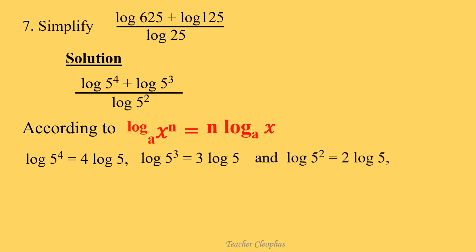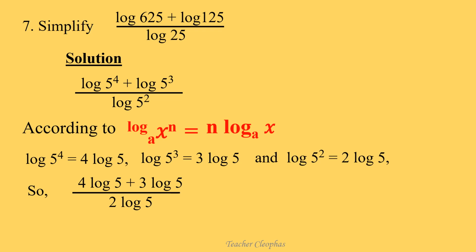So let us substitute all these in our earlier expression, and this is 4 multiplied by logarithm of 5 plus 3 multiplied by the logarithm of 5 all over 2 multiplied by the logarithm of 5.